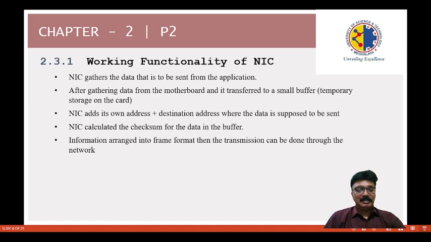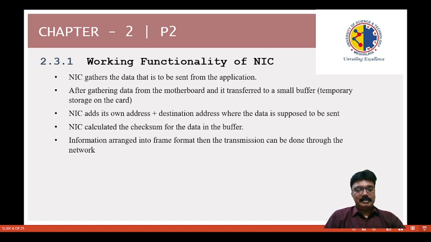So the NIC calculates the checksum for the data in the buffer. The checksum is the error detection method which will be used at the NIC buffer level. We will see that checksum error detection method process. That is a mathematical calculation which we can do by one's complementing the numbers.